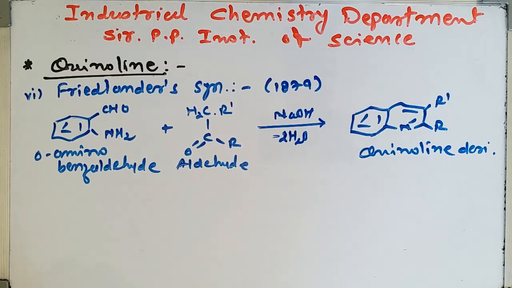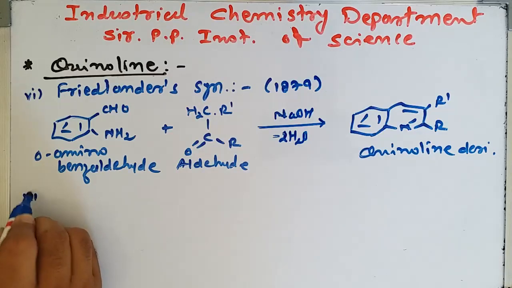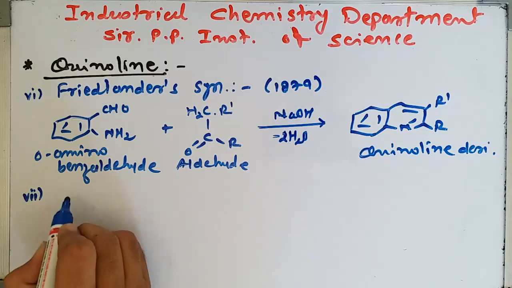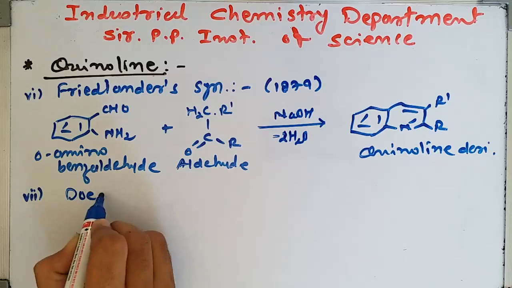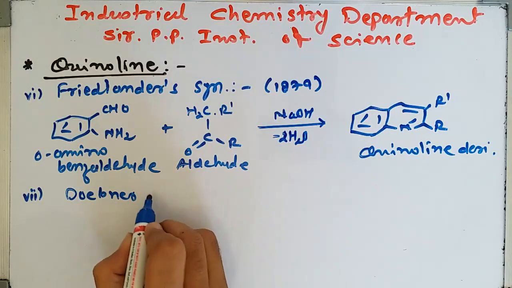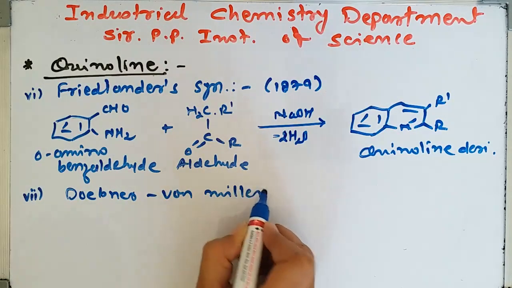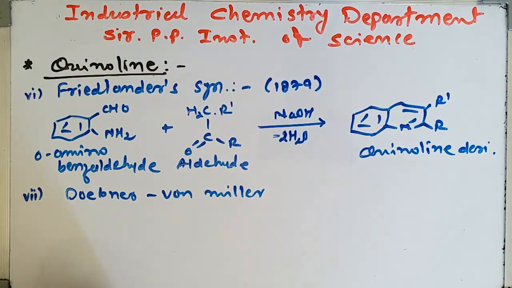We also have the Doebner-von Miller synthesis, which gives quinoline.